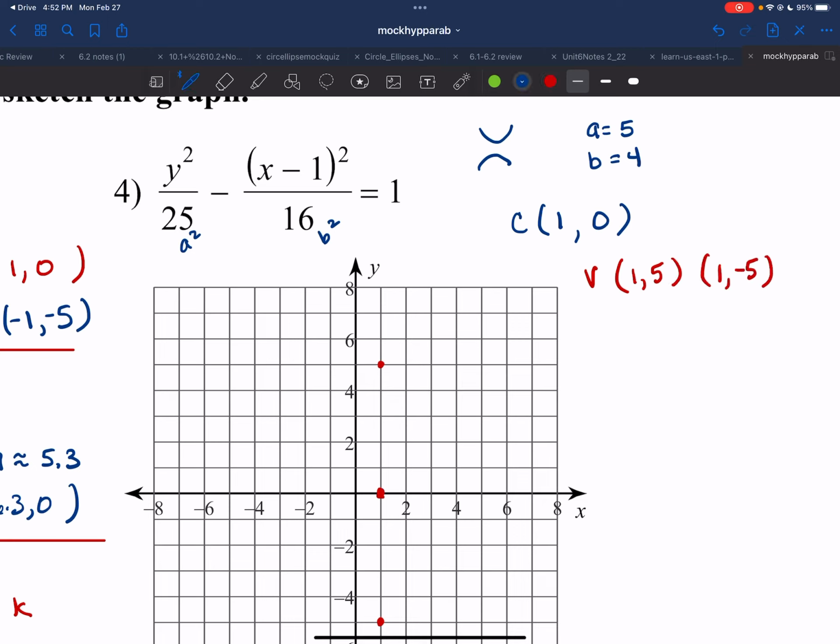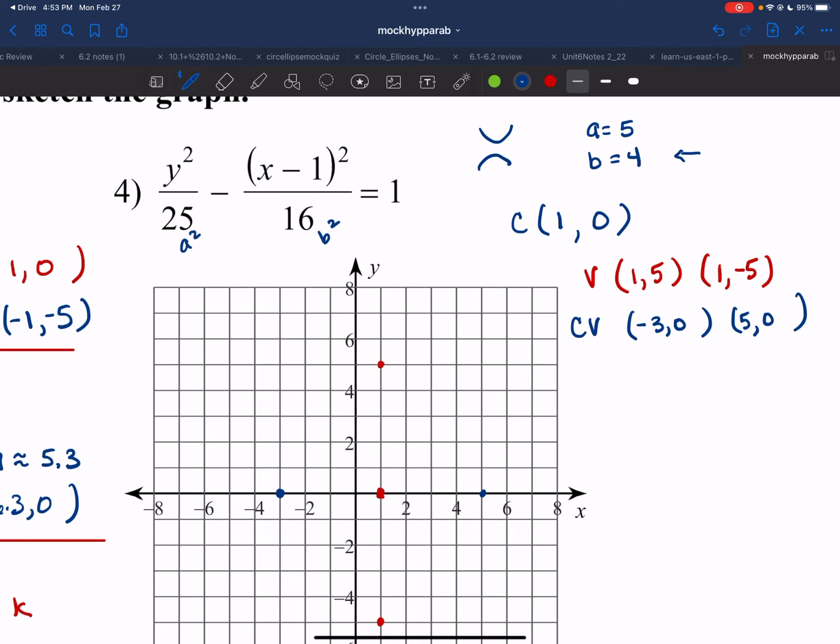And then my co-vertices that comes from my b value is going to be 4 on either side. 1, 2, 3, 4. So let's get those down. That would be -3, 0, and oh, wait, no, sorry, not 1, 0. That would be 5, 0.